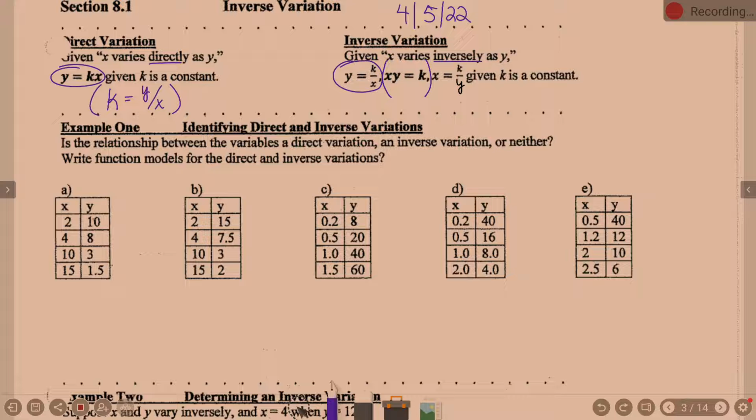Now, how do we know if it's direct or inverse, or neither? Thoughts on what I can do here? Okay, I want to start with direct or inverse.